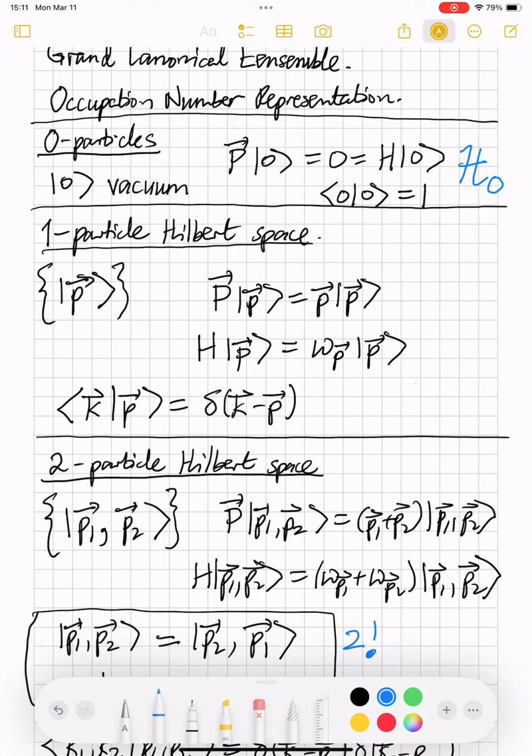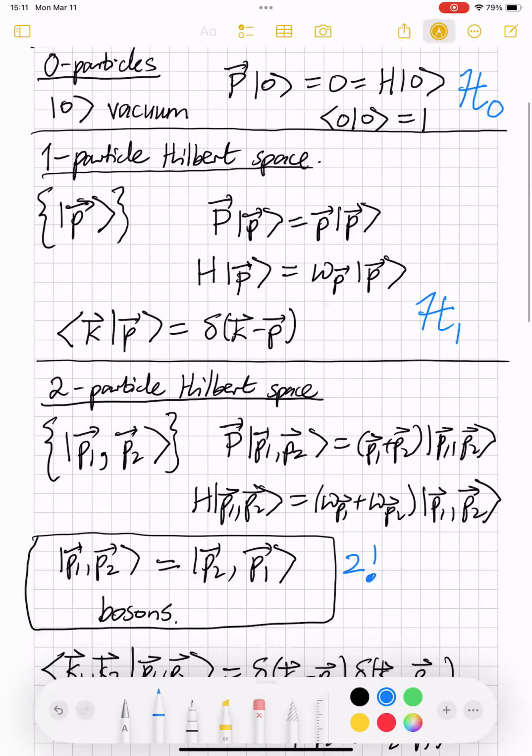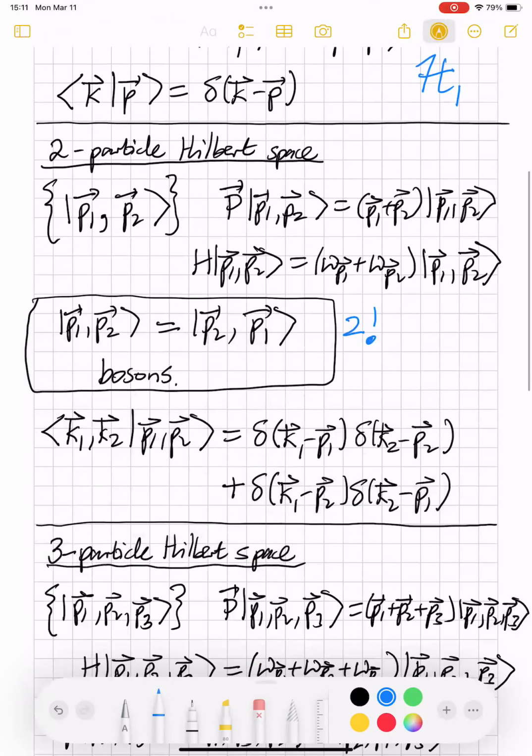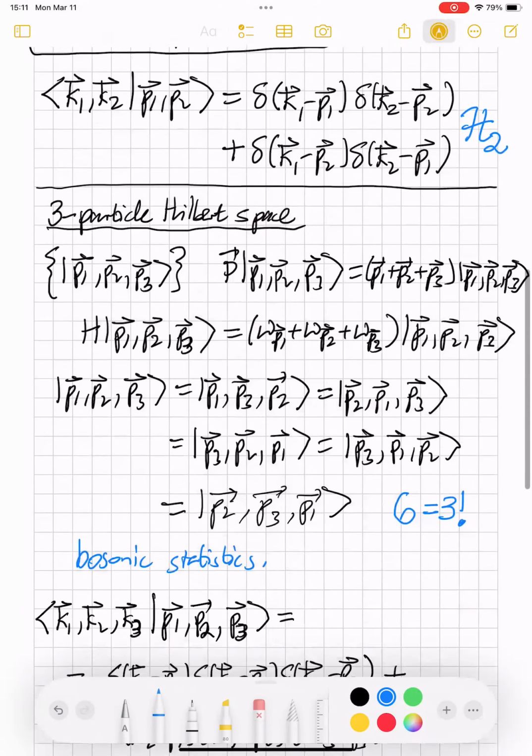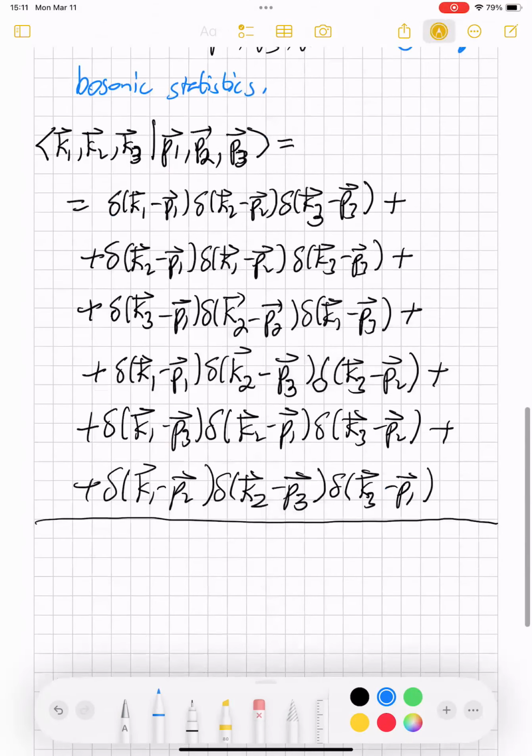We've also introduced the Hilbert space of one particle, gave a basis for that. We've also introduced a Hilbert space for two particles. And the last thing that we did was we introduced a Hilbert space for three particles.